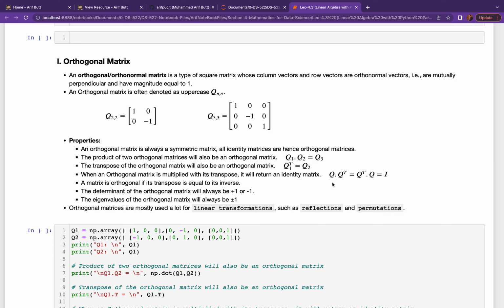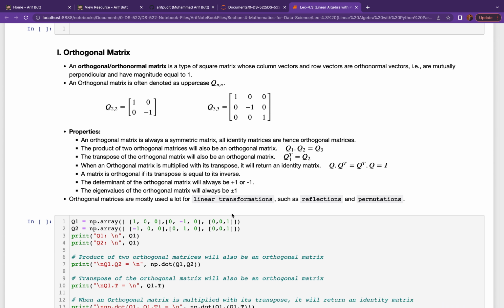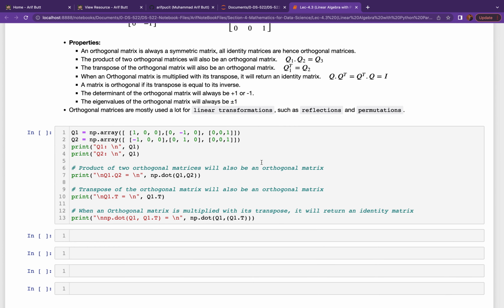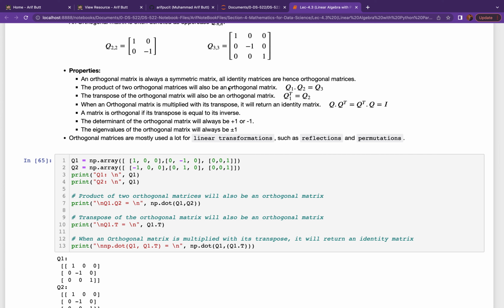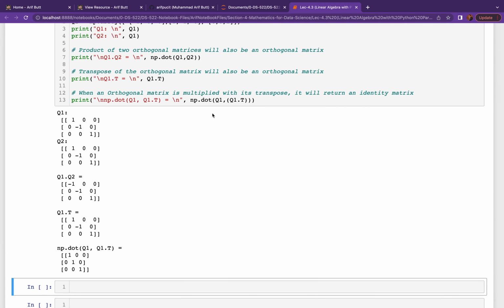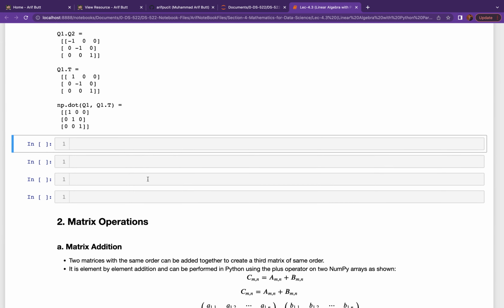And when an orthogonal matrix is multiplied with its transpose, it will return an identity matrix, and so on. So they are extensively used in linear transformation, reflection, and permutation. Let me just run this code. So this is just a proof of concept of some of the properties mentioned over here. So please do the math.